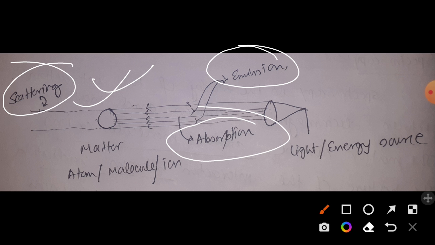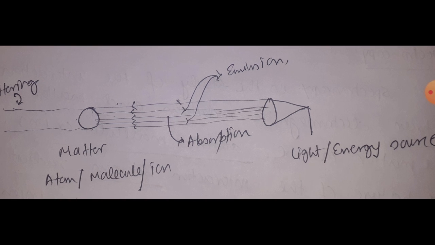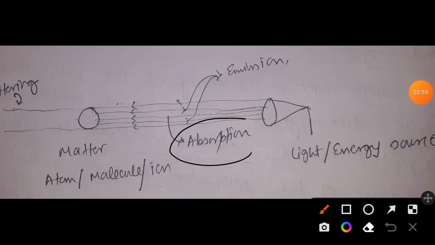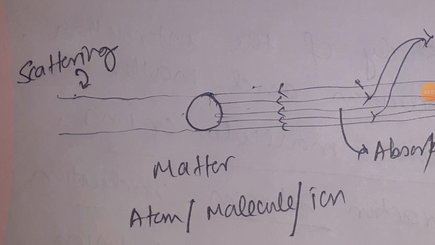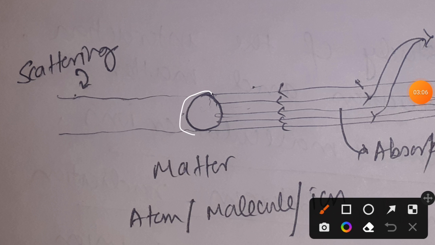With the help of measuring the absorption, emission and scattering, we can get a rough idea about the identity of that material. Not only that, by measuring the total amount of radiation, we can find out the number of emitting atoms or molecules or absorbing atoms or molecules.